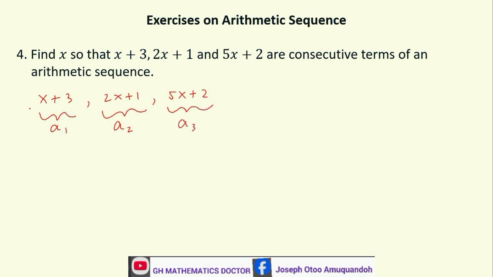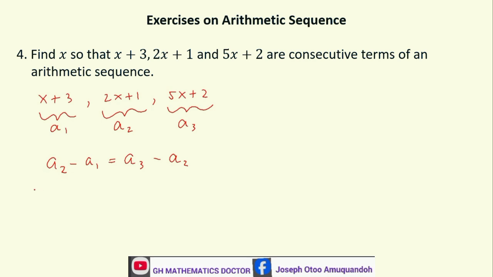They are in expression form, so we are going to perform the difference in these expression forms. So taking a2 minus a1 should be equal to a3 minus a2. So substituting the expression in place of them so that you can solve for the value of x.